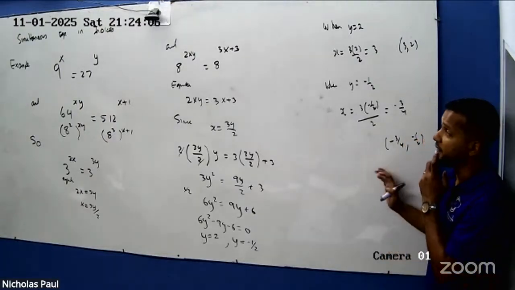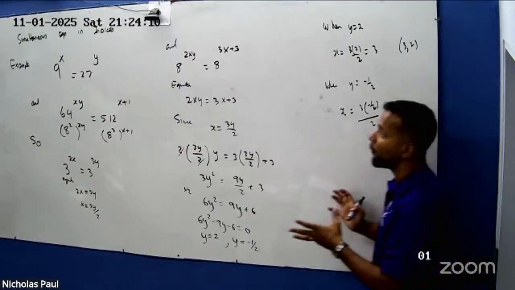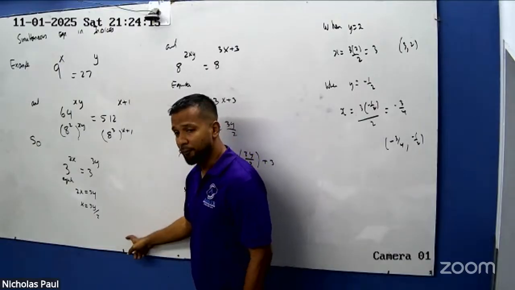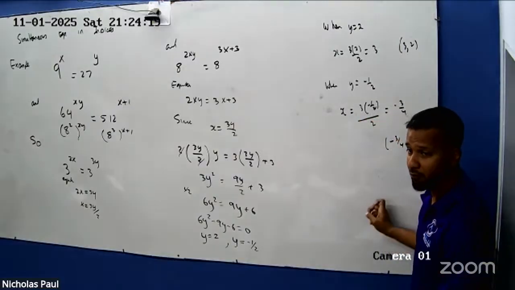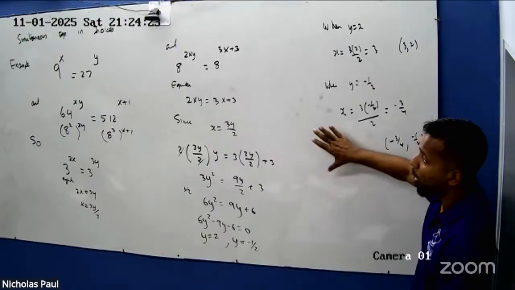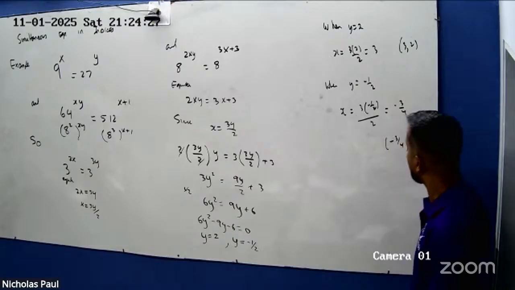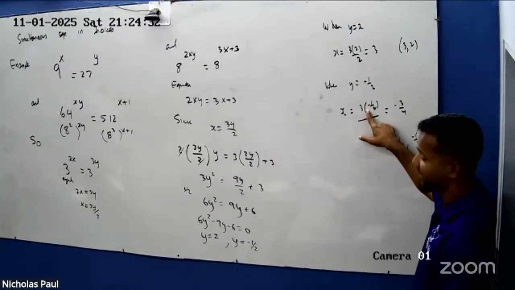Okay, so these are the different types of solving simultaneous equations. Technically what we did today, besides indices, we practiced solving simultaneous equations by the substitution method. Okay, so I hope you remember this. We have one more type to do before we start logs, right? And minus a half in here.